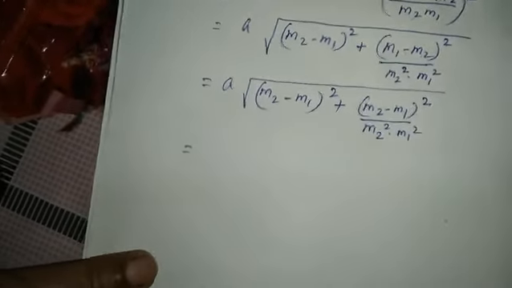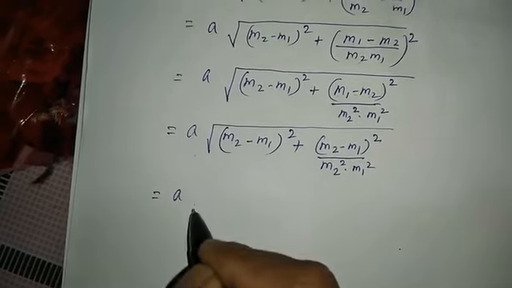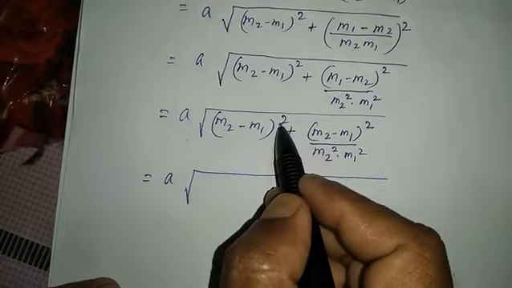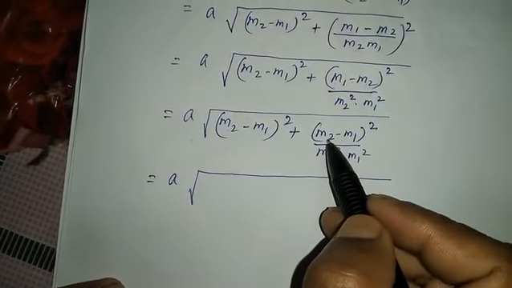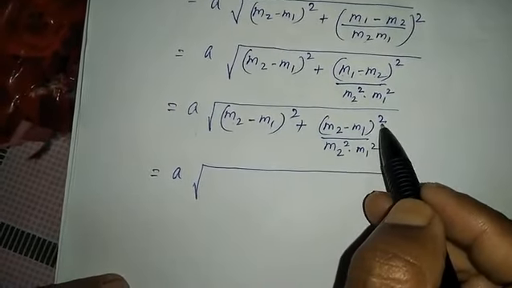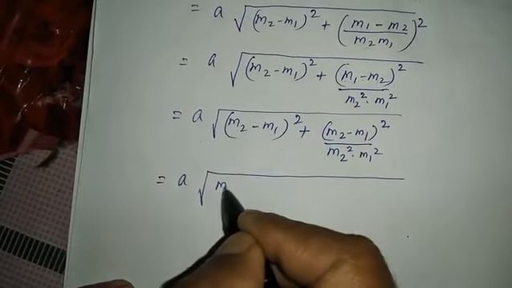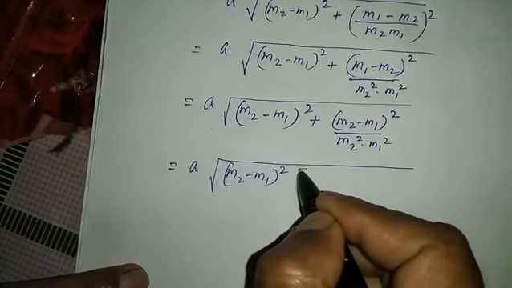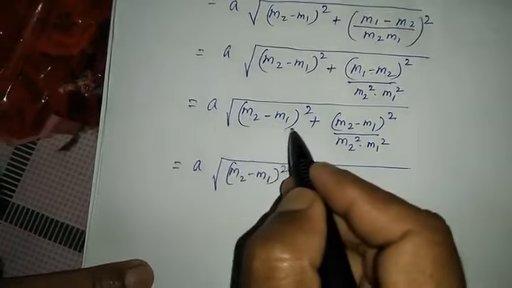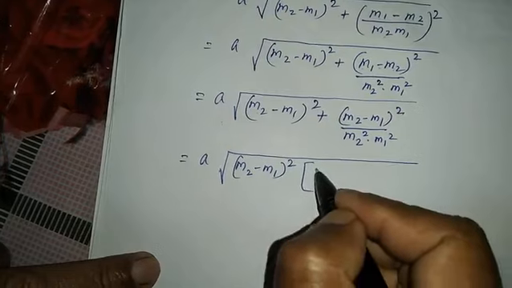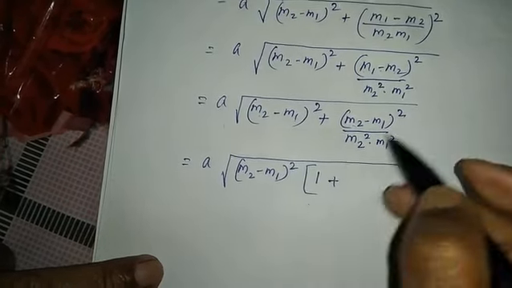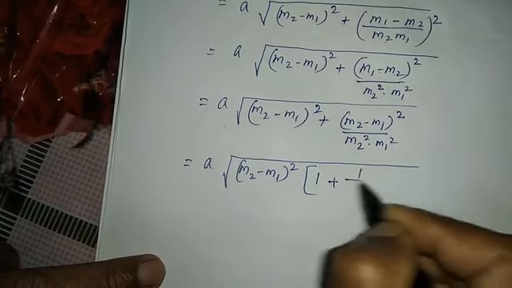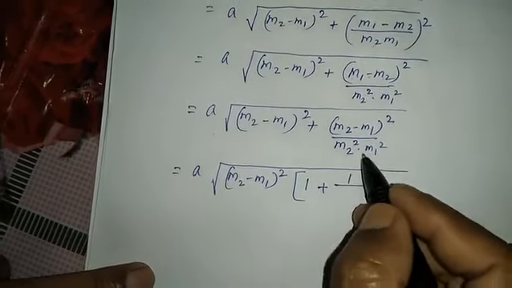That's equal to a square root of, now look at there, (m2 minus m1) square here, and the second term also we have (m2 minus m1) square, that can be taken outside, so we get (m2 minus m1) square outside, so remaining from here 1, and from there remaining 1 by m2 square m1 square.